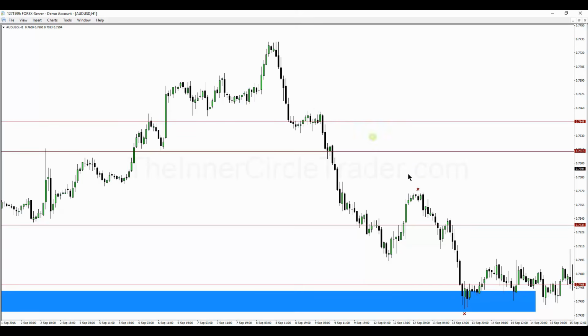And then we have equal highs again, so we could be looking for that for a liquidity pool. And we can look up here for another objective if we want to look for a really long-term type scenario.